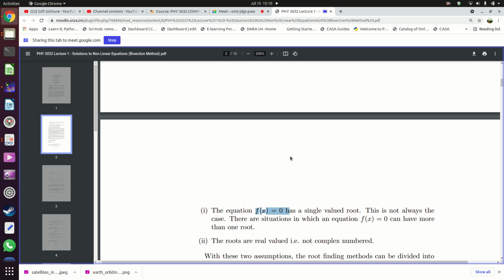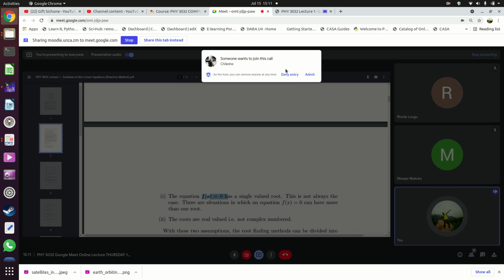We are talking about roots which are actually floating point numbers. So we just make two simple assumptions. One, that the function we are interested in is going to have a single root in the particular area we're interested in. If it has multiple roots, we will focus on a certain area, so that we only find the root which is in that area.